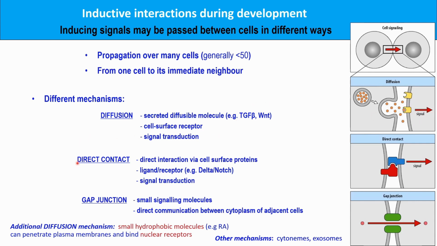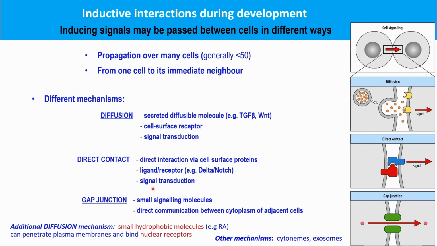We can also have direct contact between cells, where we have ligand and receptor bound on the cells, for example, the delta notch signaling, which is very important during development. And then again, the contact between the two cell surface receptor ligand causes a signal in one of the cells with the receptor that is important for inducing cell fate.